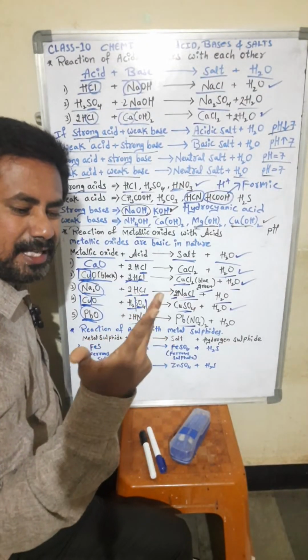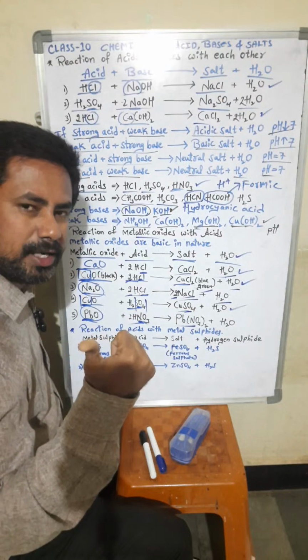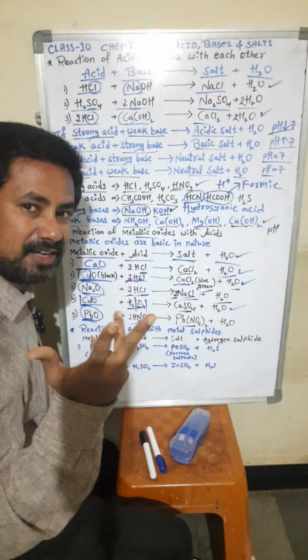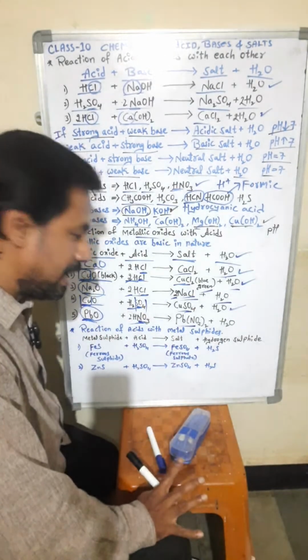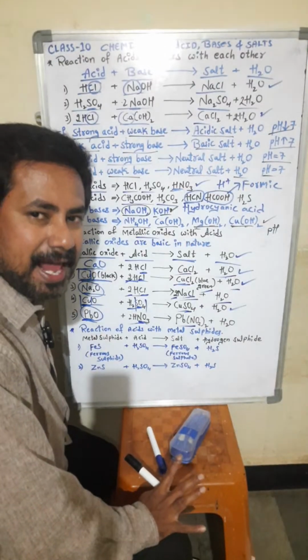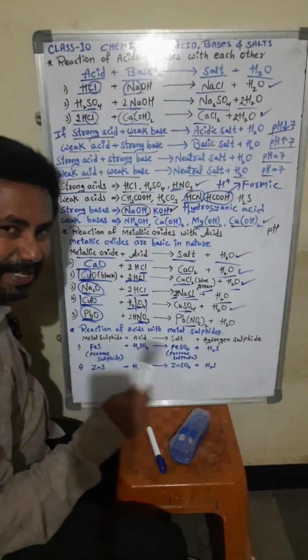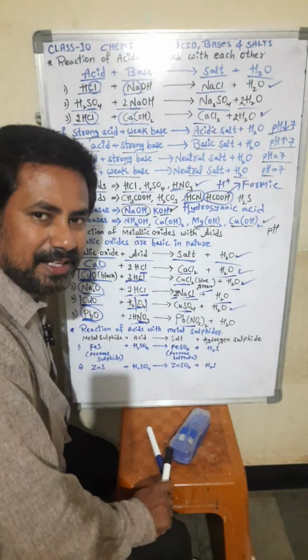Hydrogen, helium, lithium, beryllium, boron, carbon, nitrogen, oxygen, fluorine, neon, sodium, magnesium, aluminium, silicon, phosphorus, sulfur. Atomic number 16 is sulfur. It is an element. When sulfur combines with any metal, we get a metallic sulfide or metal sulfide.